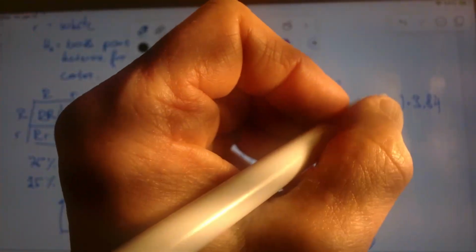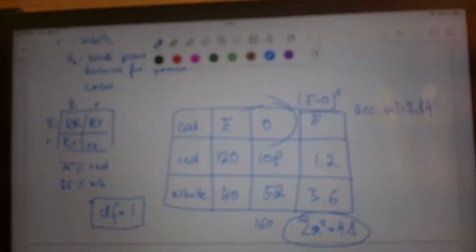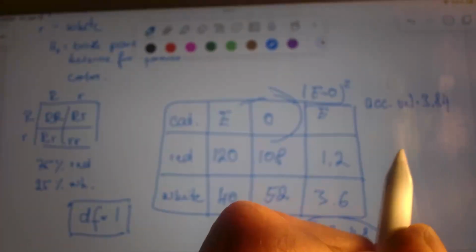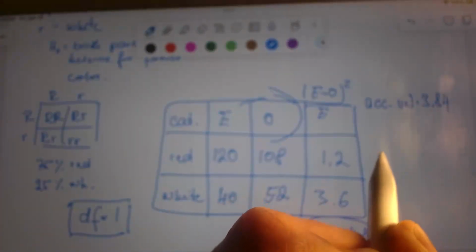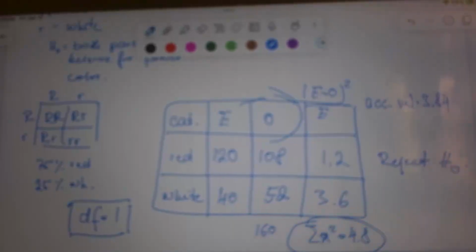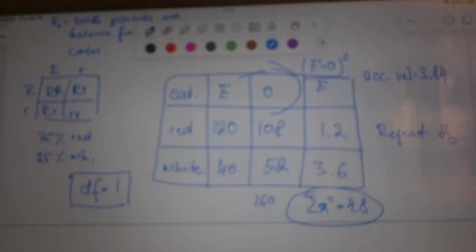So in this case, we reject the null hypothesis. It means that the difference between the observed and expected values is too great to attribute to chance.